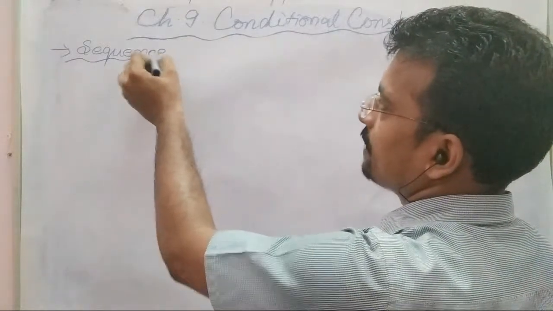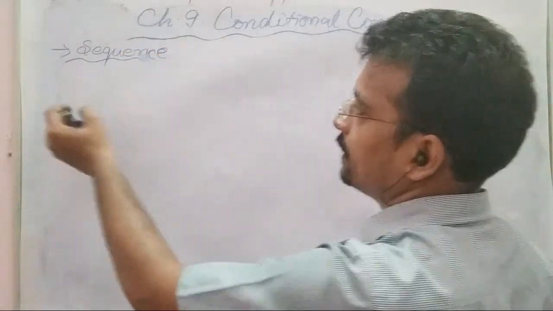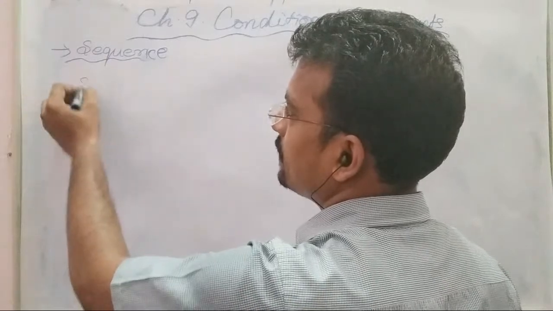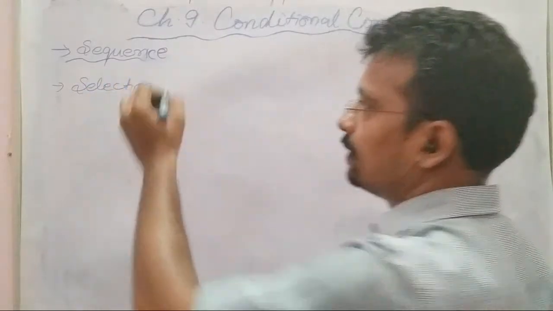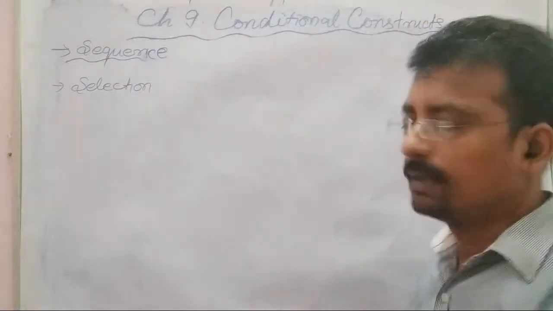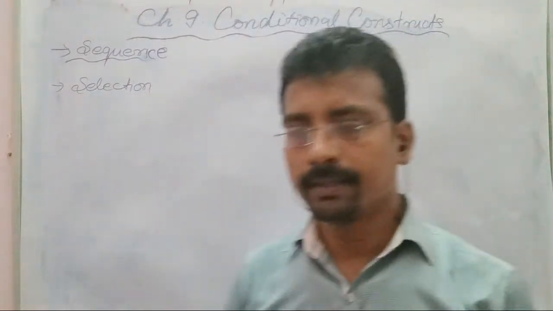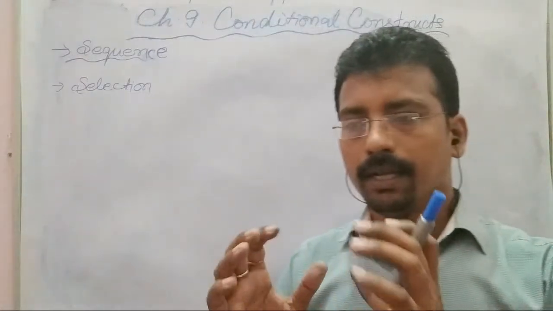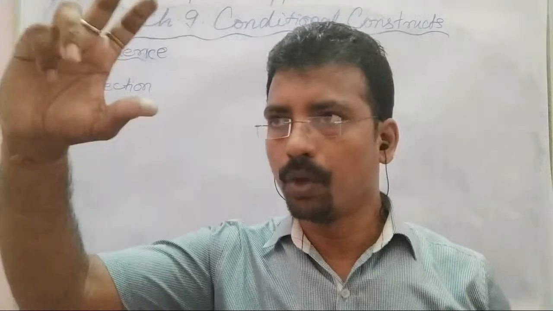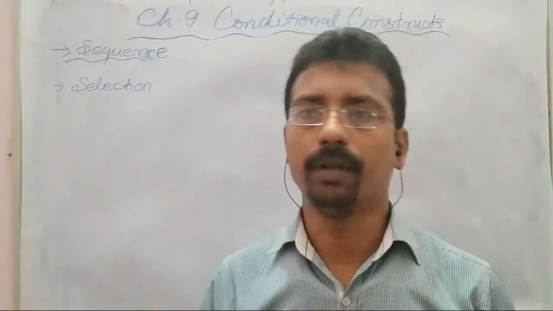One construct we have seen, one procedure we have seen, that is sequence. The second construct is selection. Selection is the construct or methodology in Java that somehow disturbs the normal functioning of the program.